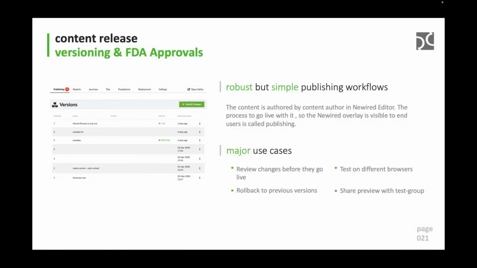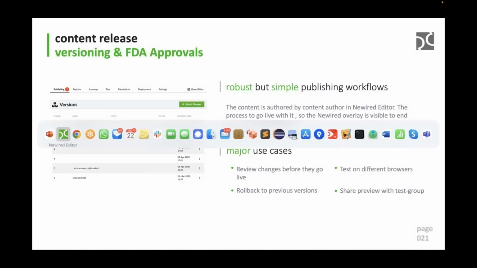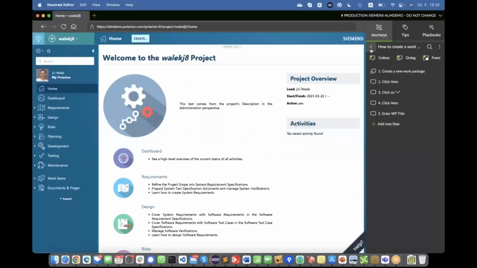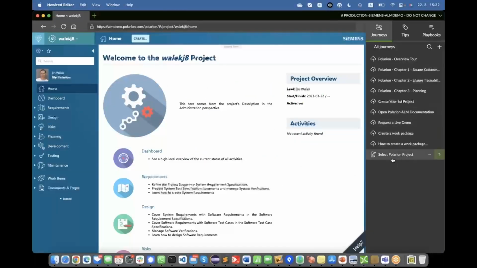For example, as we were working with some medical customers, they said the guides themselves shall also be reviewed from the functional safety point of view, because if people are misguided, it may have a functional safety impact. So the changes should be reviewed and tested before you actually go live with the adjustments to the procedures. And what we have seen is that, you remember, we created a few of these guides using the Newired editor.